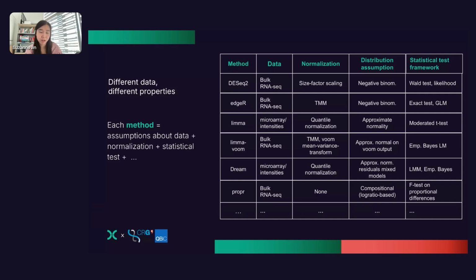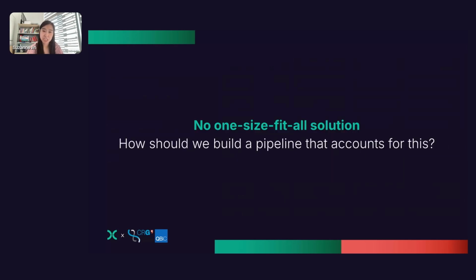Instead, each method has been developed to address specific needs, targeting specific data types, considering specific assumptions about the data, and using specific combinations of methods for normalization and statistical testing. So there is no one-size-fits-all solution.